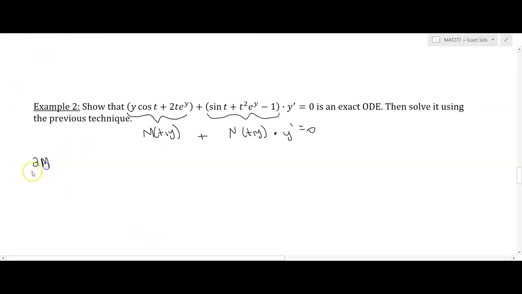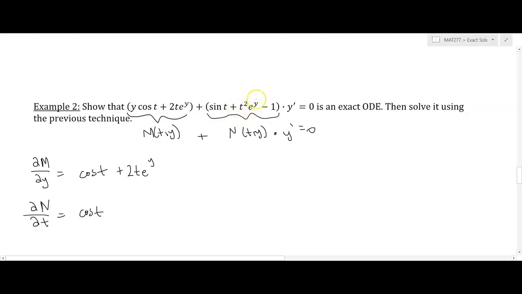So dM/dy will equal, the derivative of y cosine t is, cosine t is a constant, the derivative of y is 1. 1 times cosine t is cosine t. Again, 2t is constant here. The derivative of e to the y is e to the y, so this becomes 2t e to the y. And now we need to check dN/dt, and the derivative of that with respect to t, well, the derivative of sine of t is cosine t.